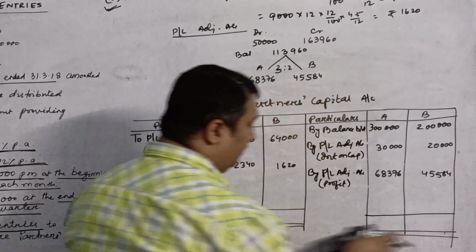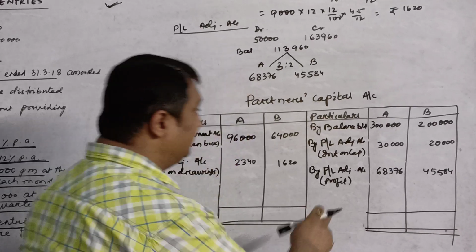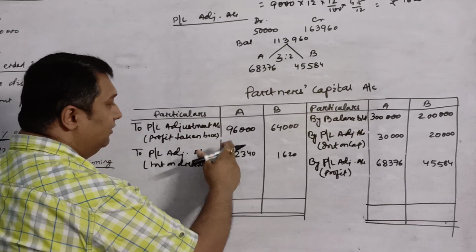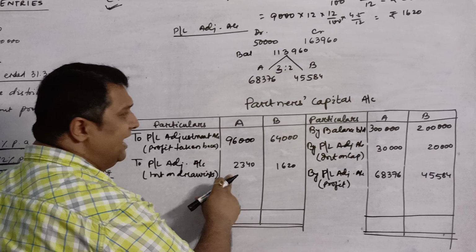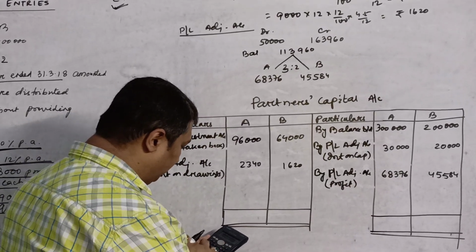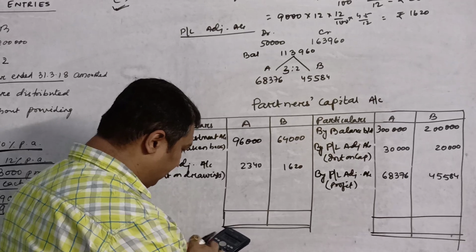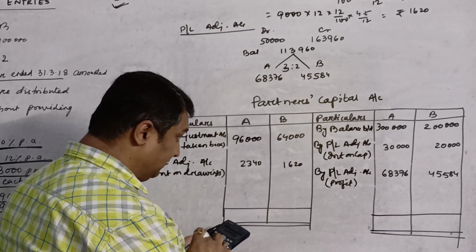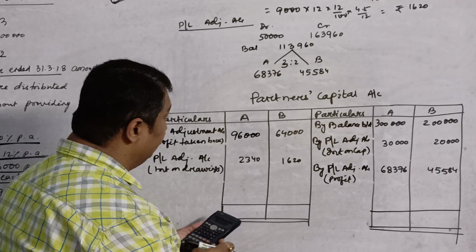Then here we can see which side of A has a greater total. Over here it is only nearly 96,000, whereas this side it is more than 3 lakhs. So the credit side is more: 3 lakh plus 30,000 plus 68,376.